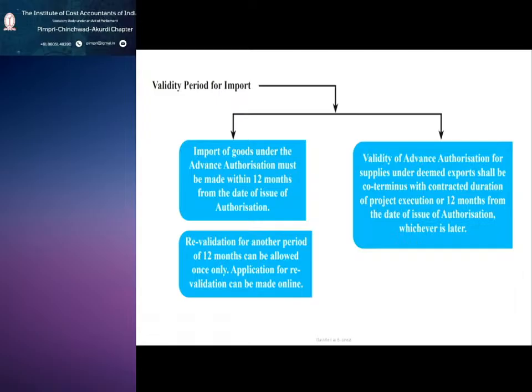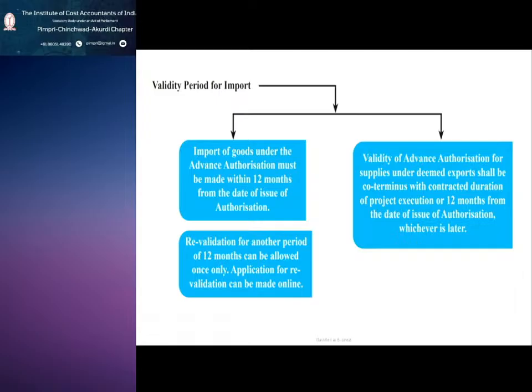Validity period for import. Import of goods under advance authorization must be made within 12 months. Okay, today is 3rd May 25, I have applied for an advance authorization license. Then I kept quiet and I am busy in other projects and other things and I have not started anything.